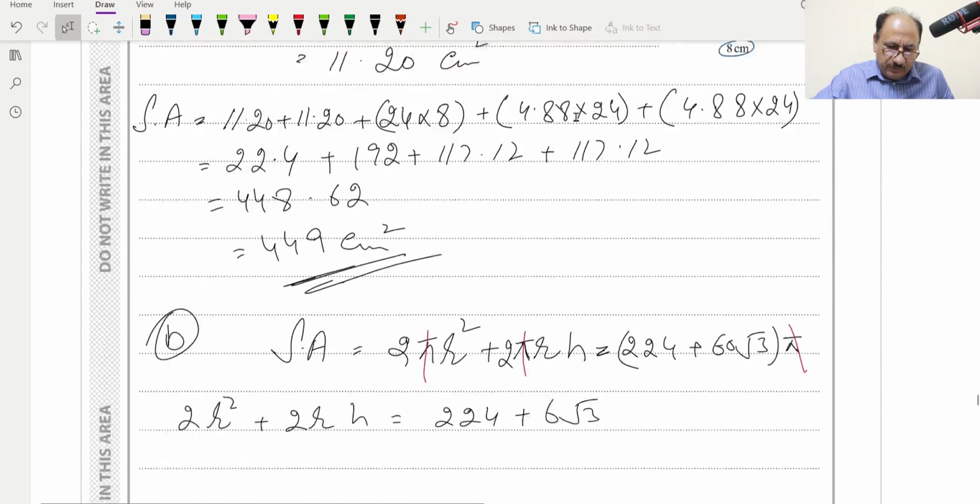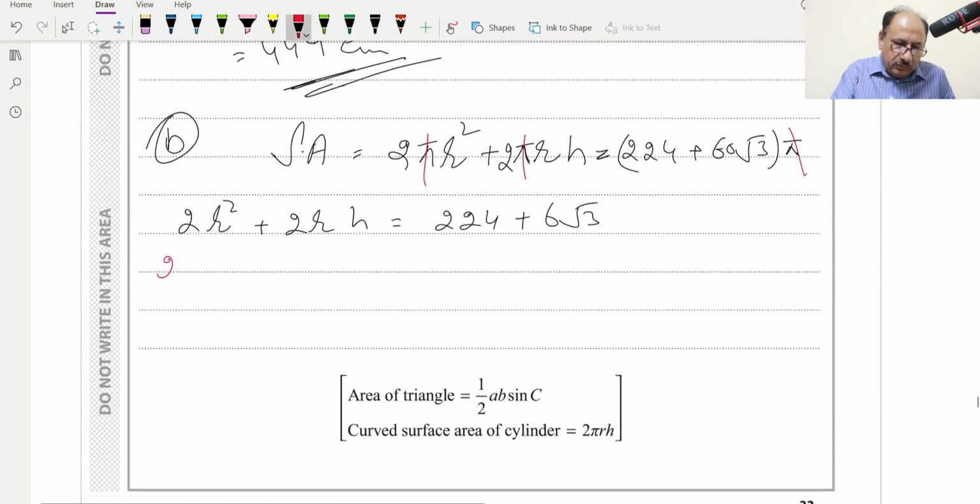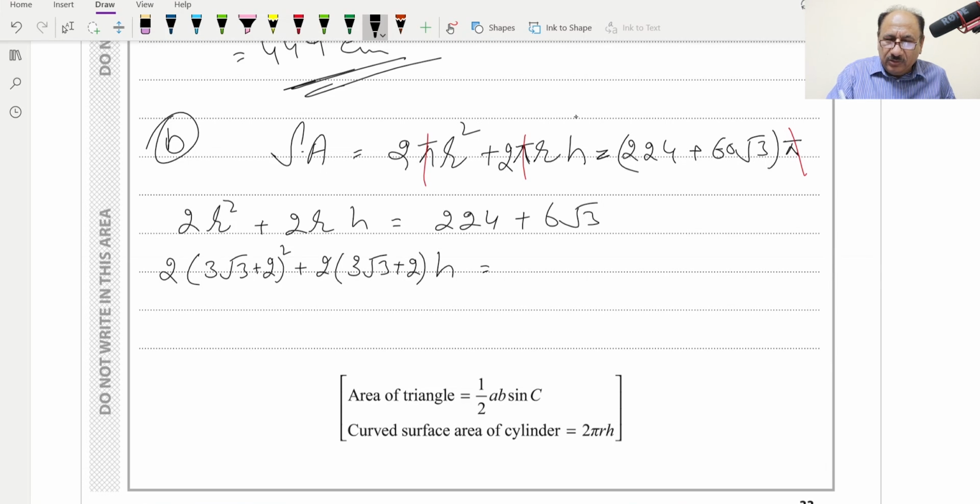So we will be replacing these values: 2 into (3 under root 3 plus 2) squared plus 2 into (3 under root 3 plus 2), and h will be equal to this one, 224 plus 60 under root 3, and we can find the h value.